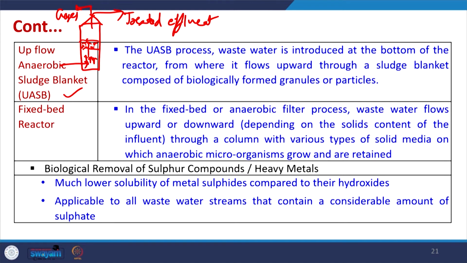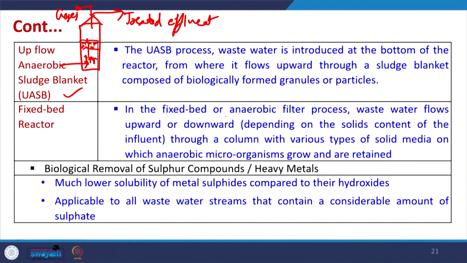Similarly, fixed film reactor, fixed bed reactor can be used for anaerobic treatment. It is similar to trickling filter, only here the fixed bed or anaerobic filter process is used. Wastewater flows either upward or downward depending upon the solid content of the effluent through a column with various types of solid media on which anaerobic microorganisms are grown, and while passing through that the anaerobic treatment happens.